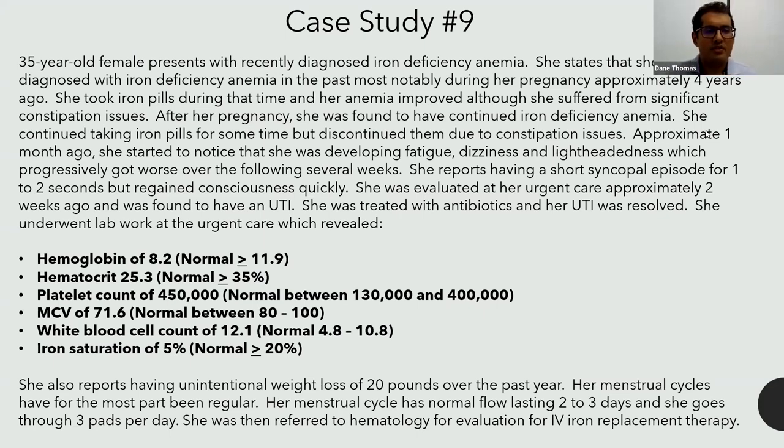She also reports unintentional weight loss of 20 pounds over the past year. Her menstrual cycles have, for the most part, been regular. Her menstrual cycle has normal flow lasting 2 to 3 days, and she goes through 3 pads per day. She was then referred to hematology for evaluation for iron infusions.